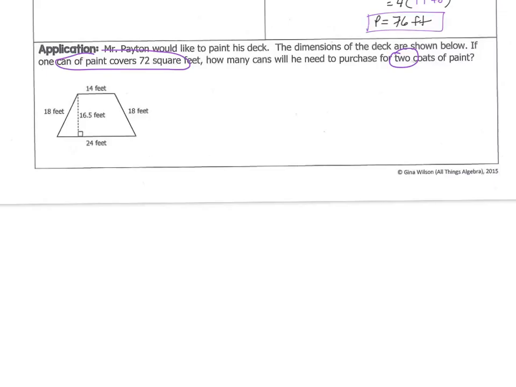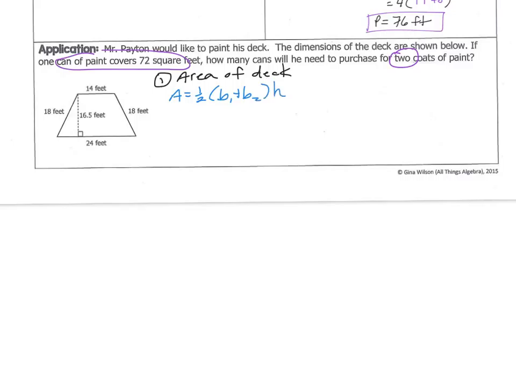What do I need to know first? Area of the deck, right? So what type of figure is this? Trapezoid. So area is equal to 1/2 b sub 1 plus b sub 2 times h.